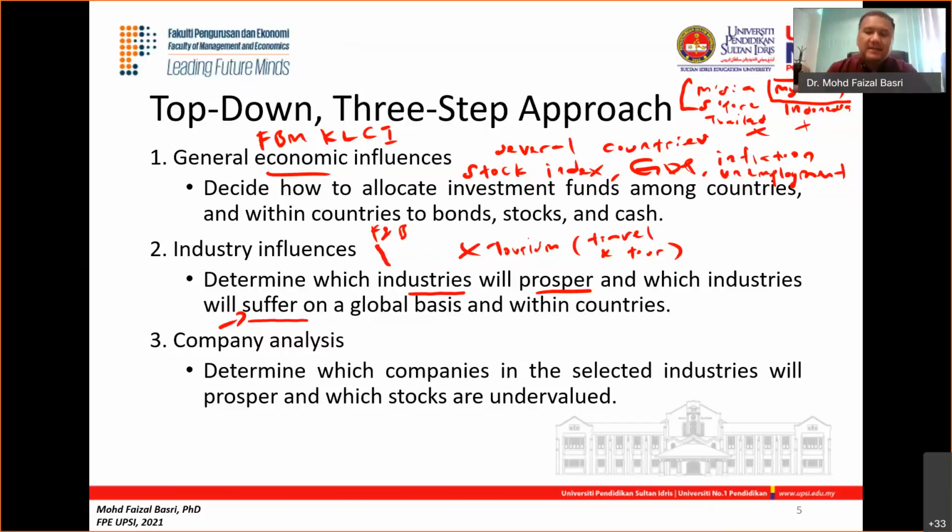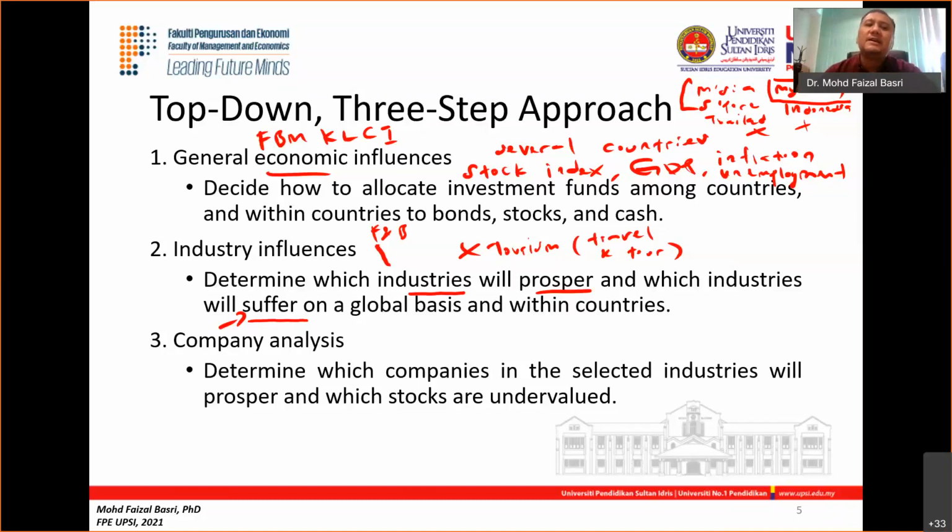So from there, you narrow down which industry is good and which industry will be bad for your investment. Maybe out of 20 types of industries, you narrow down to only 5 industries from these 2 countries. If 5 is too many, you narrow down to 1 or 2 industries from these 2 countries.